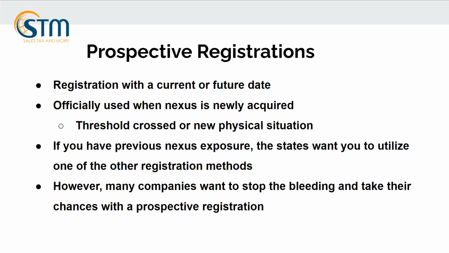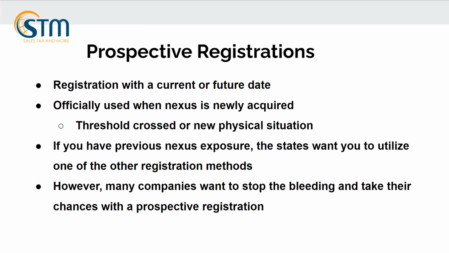Maybe you just created this physical nexus. So that is when prospective registrations are supposed to be used. If you have previous nexus exposure, then the states want you to utilize one of the other registration methods.